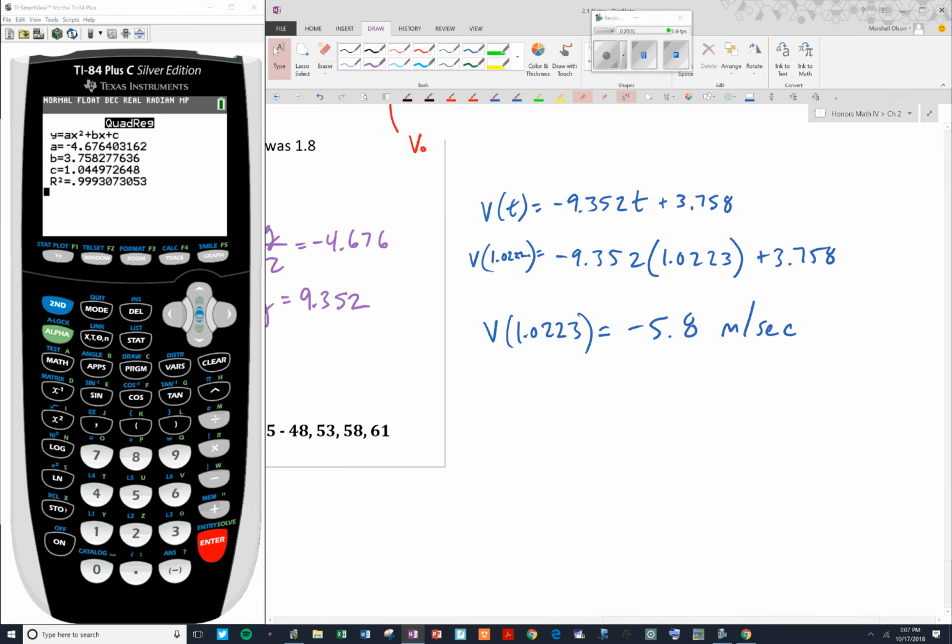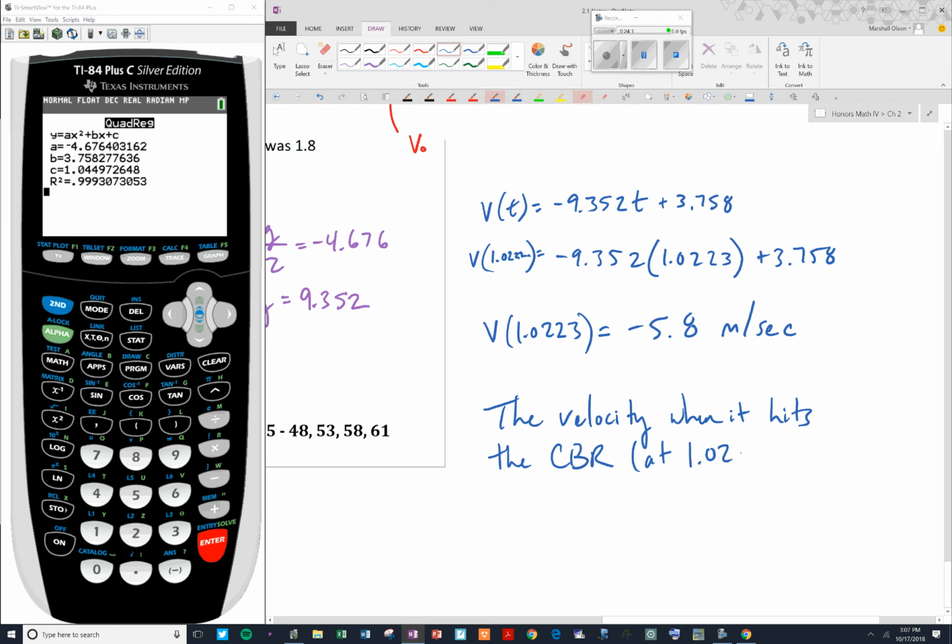So the velocity when it hits the CBR, I'm sorry. I don't know why I have CBL written down here, which happens at about 1.0223 seconds, is 5.8 meters per second downward.